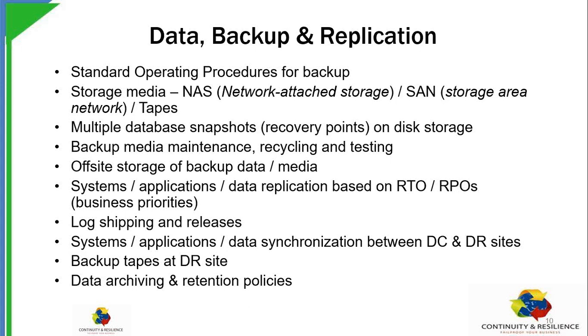Similarly, how are you going to identify how frequently you need to take your backups? You need to define your RTOs and RPOs, and where are your RTOs and RPOs coming out of? They are coming out of the business impact analysis, which your business continuity team will probably perform. The BCP team will probably tell you that these are my critical processes, and this is their RTO, and this is their RPO.